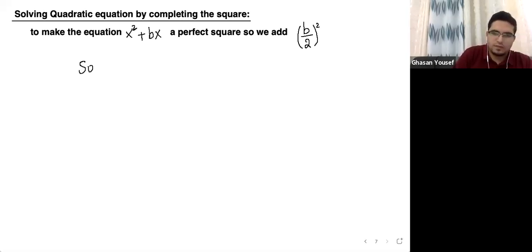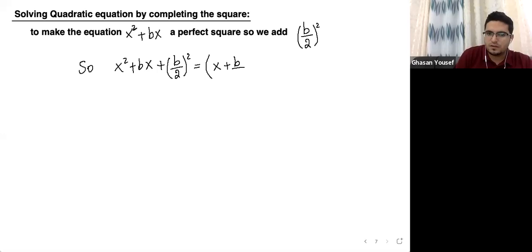So my new equation is x squared plus bx plus b over 2 squared. And then we factor this, I get x plus b over 2, everything squared.